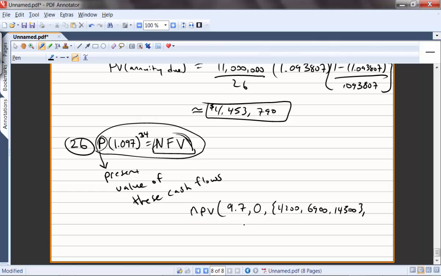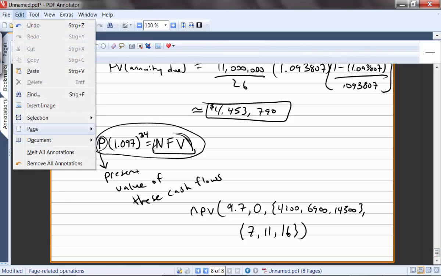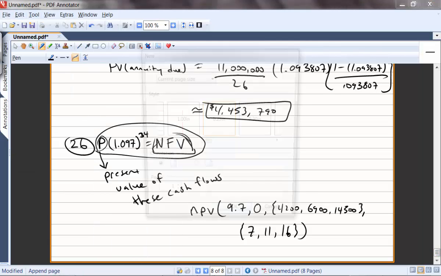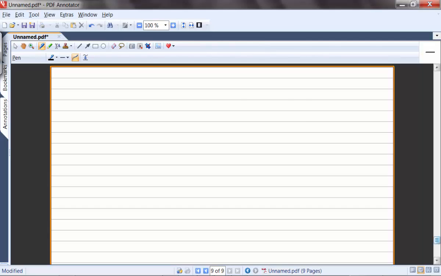Comma, open a new squiggly, 7, then the 6,900 happens for 11, and then 14,500 every year for 16 years. Calculate the net present value of that using the app on your calculator.